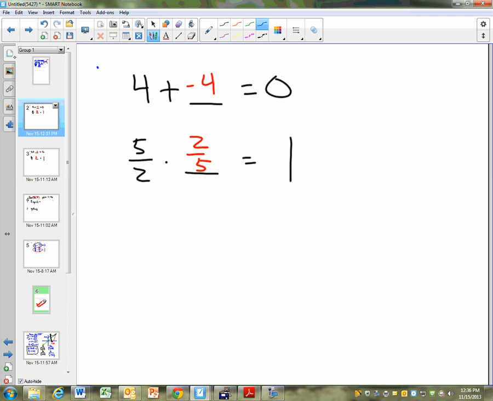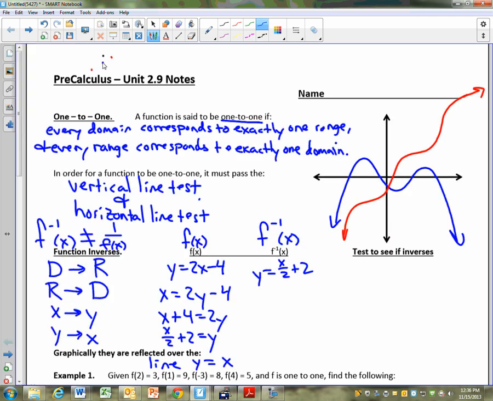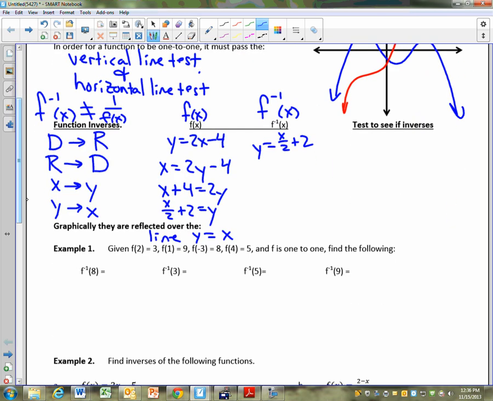And if you operate two functions on one another, the way that we operate two functions together is we compose them. The result is always going to be x, the element that you plugged in at the beginning. And we have to check it both ways. It's got to work both ways.